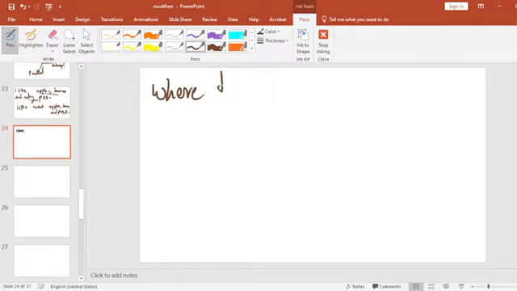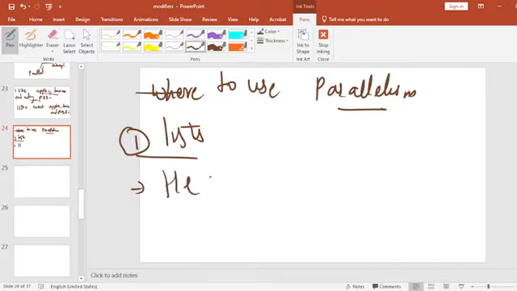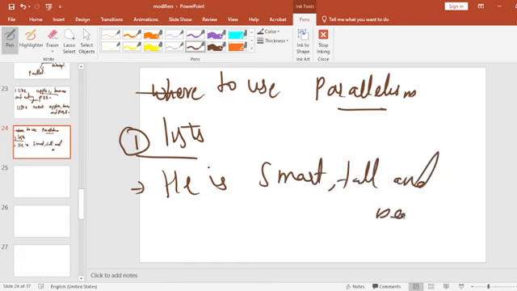First, in a list, like he is smart, tall, and beautiful. Here you are listing his traits. It's a kind of list, don't you think? So there you can use parallelism.